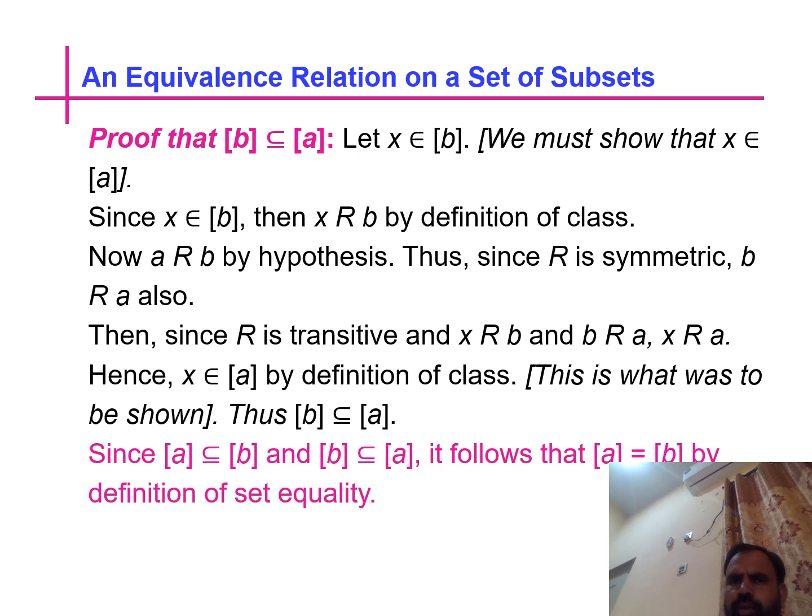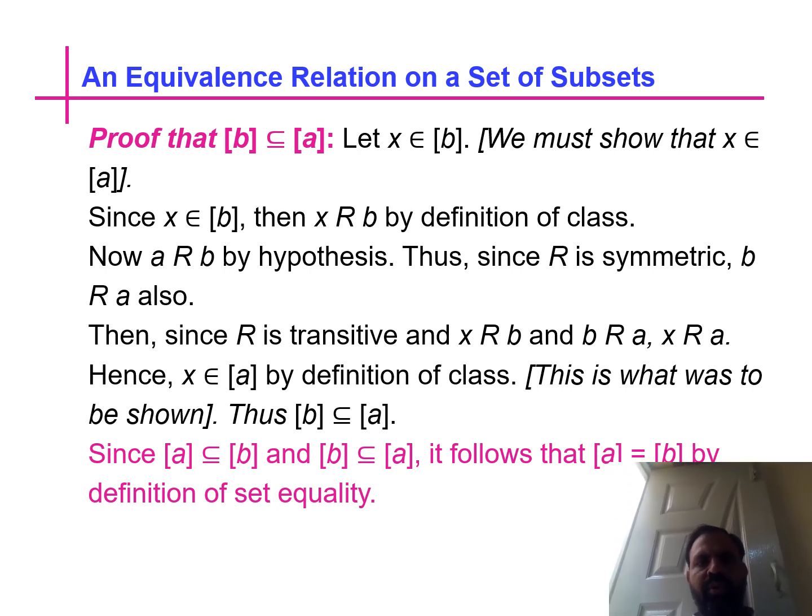Let x belong to the class of b. We must show that x belongs to the class of a. Since x belongs to the class of b, x is related to b by definition of the class.